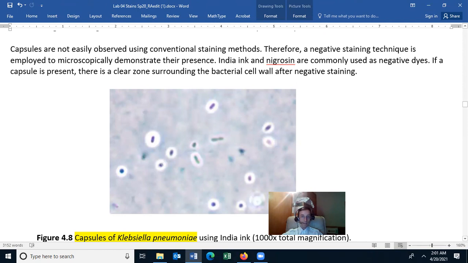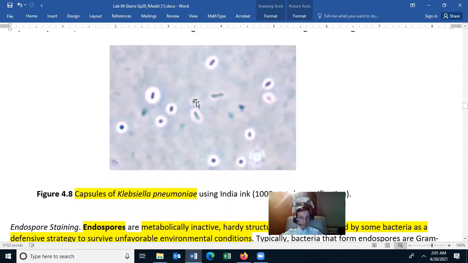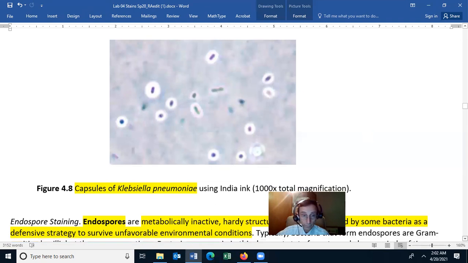So this says it's India ink, but I can tell by looking at this picture it is not India ink. The capsule does not stain, and that allows us to visualize the capsule. So that's why we use the negative stain. It stains the background of the cell, and it also stains the cells, but not the capsule.